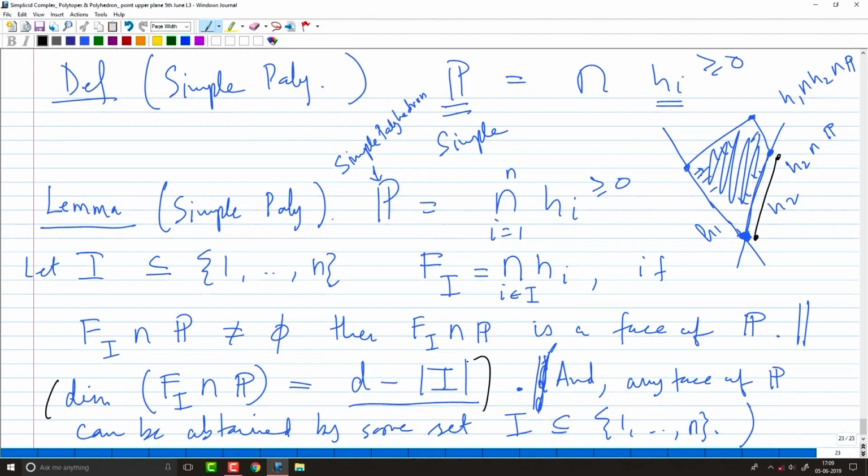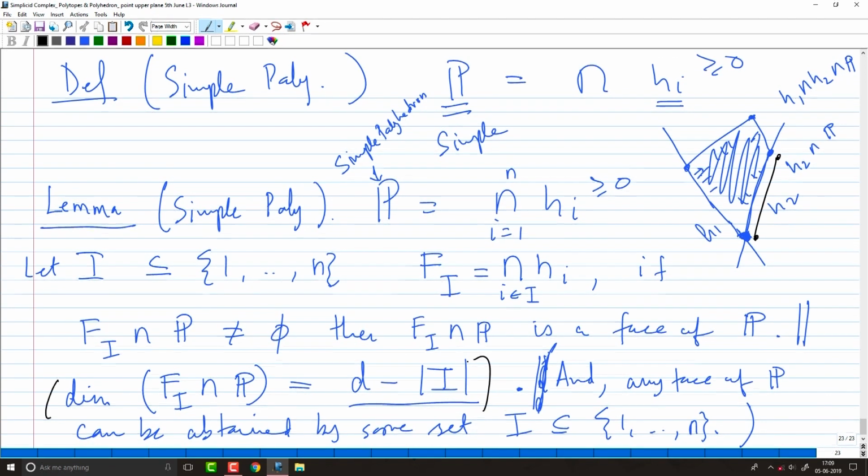To get the faces of the polyhedron, you just have to find the hyperplanes which support the half spaces, find some subset of these hyperplanes, and intersect them with themselves and with the polytope. If it is non-empty, then it is a face. If you have a face of a polyhedron, then that can also be represented as an intersection of some hyperplanes and the polytope.